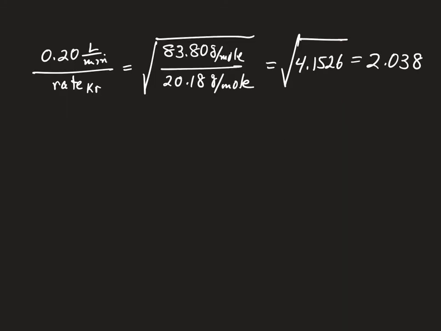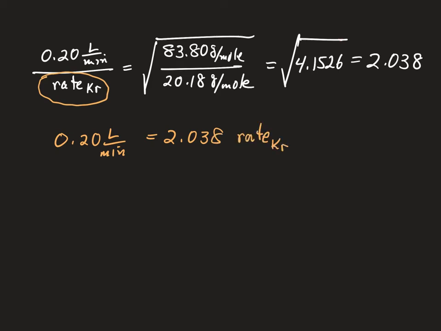So again, we'll transfer this to a new page where we have room to work. If we multiply both sides by the rate of krypton to get it out of the denominator, we get our 0.20 liters per minute equals 2.038 times the rate at which krypton escapes.